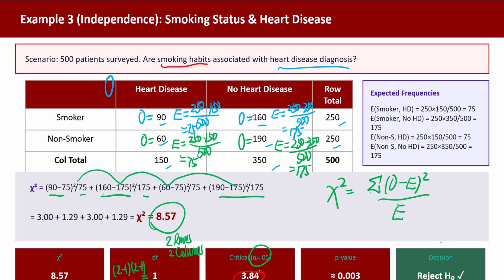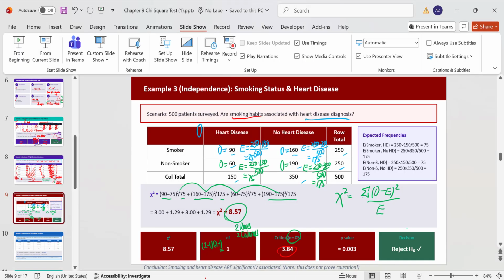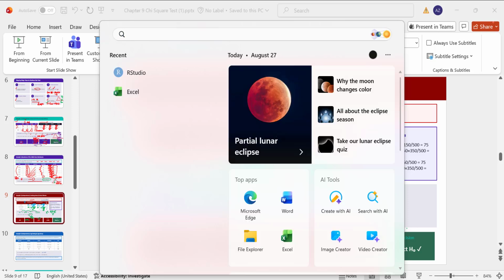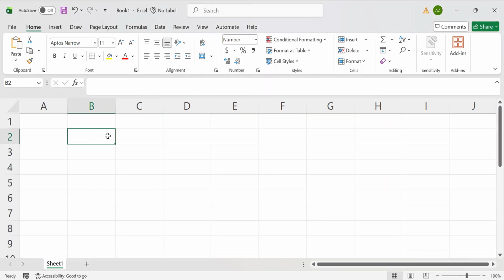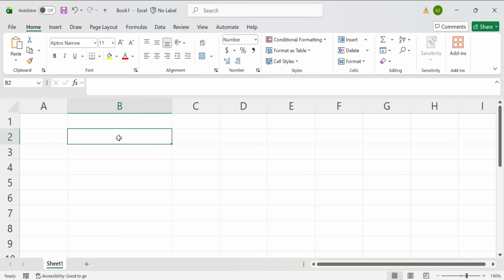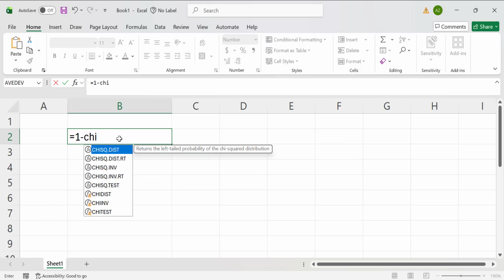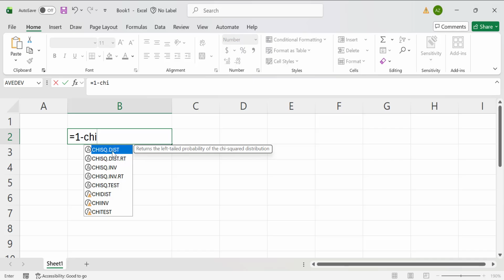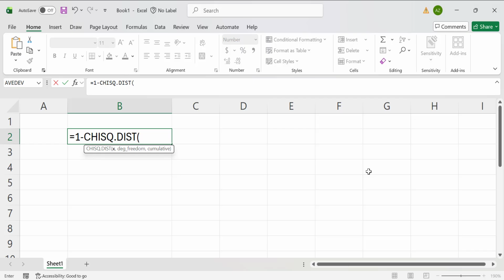Then we can also look at the p-value based on 8.57. For that you need Excel, so I'm going to just open Excel and show you how that goes. In any cell, just type in equal to 1 minus the chi-square distribution, CHISQ.DIST, and put in 8.57.